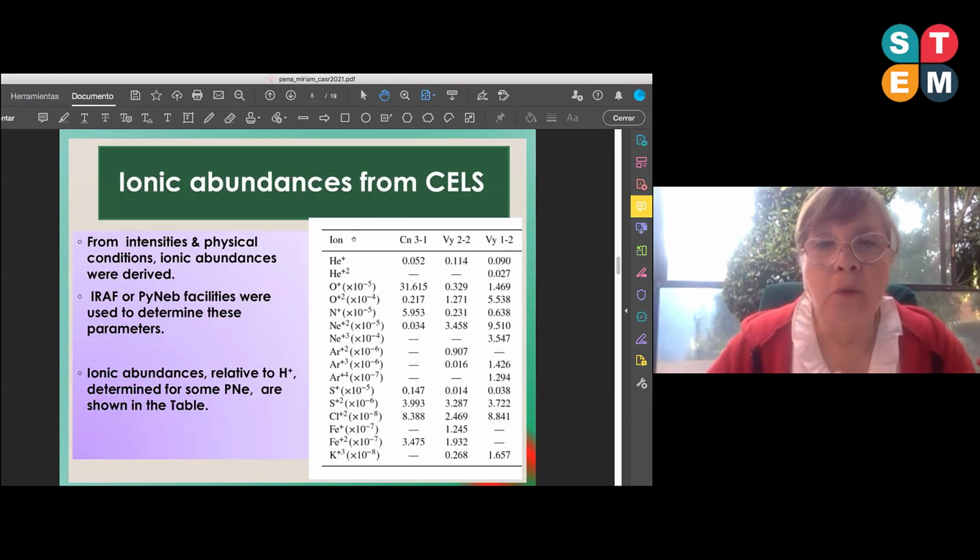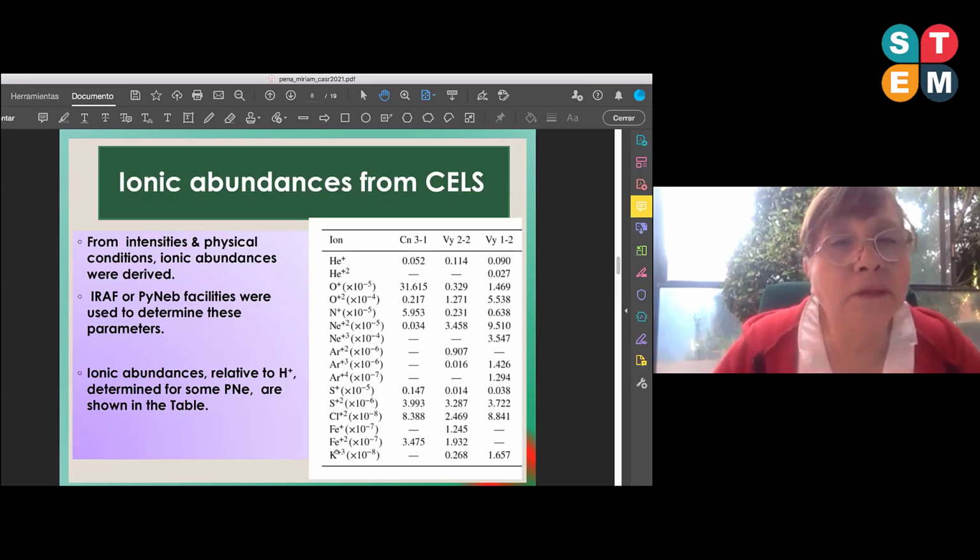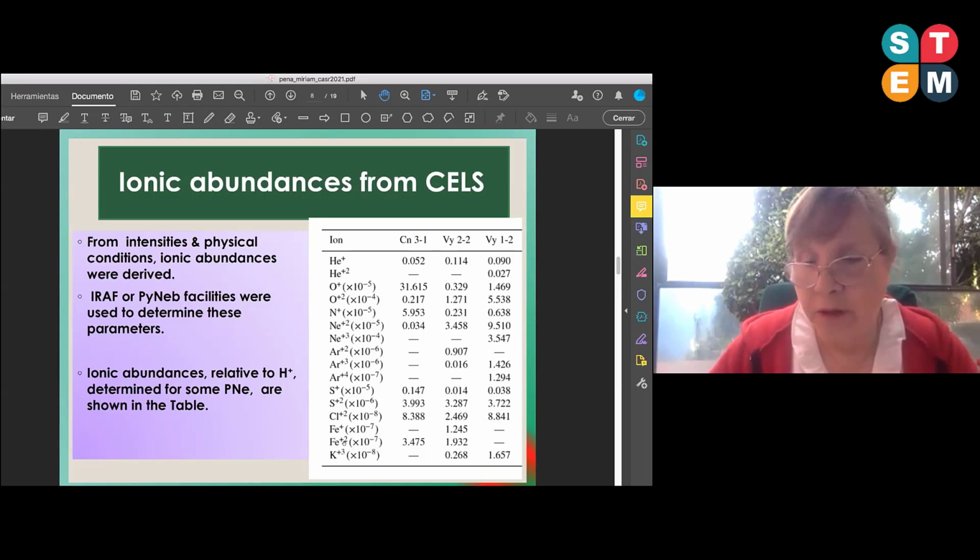In this table, we show the ionic abundances relative to hydrogen plus of CN31, BY22, BY12, and the abundances of helium plus 2, oxygen plus, oxygen 2 plus, nitrogen plus, neon 2 plus, neon 3 plus, argon 2 plus, argon 3 plus, argon 4 plus, and sulfur plus 2, chlorine plus 2, iron plus, etc. Even potassium has been determined, the ionic abundance of potassium plus 3.